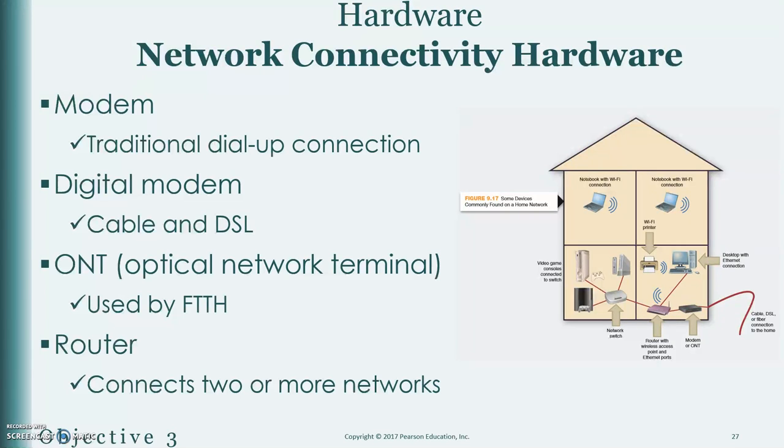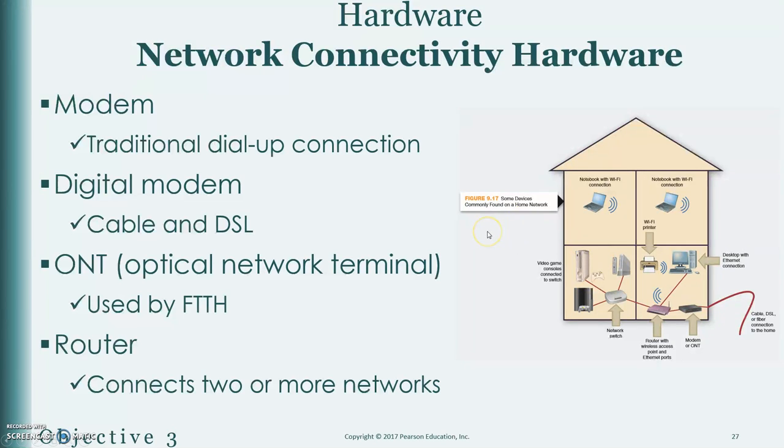And then a router connects 2 or more networks, while a switch connects multiple devices within a local area network. Like your home router connects 2 networks. It connects your home network to the internet. So that's a nice, easy way to think about it.